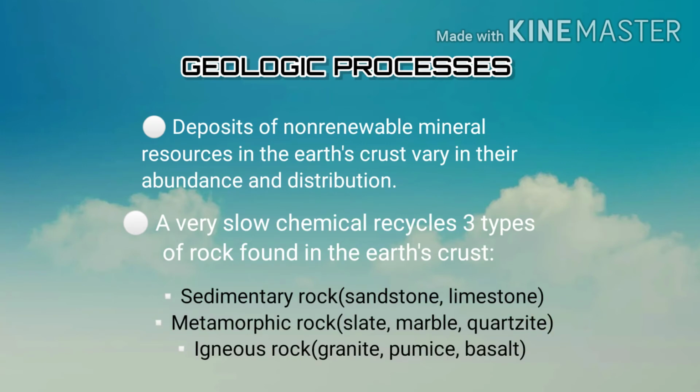Deposits of non-renewable mineral resources in the Earth's crust vary in their abundance and distribution. A very slow chemical cycle recycles three types of rock found in the Earth's crust: sedimentary rock, sandstone, limestone; metamorphic rock, slate, marble, quartzite; igneous rock, granite, pumice, basalt.